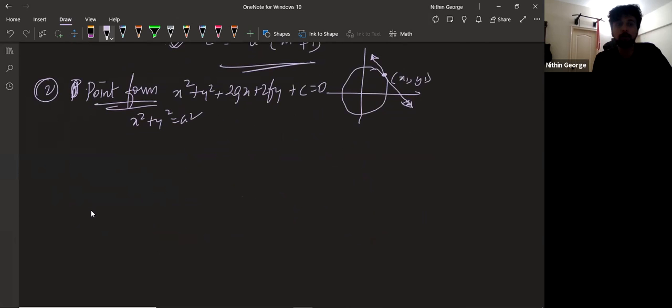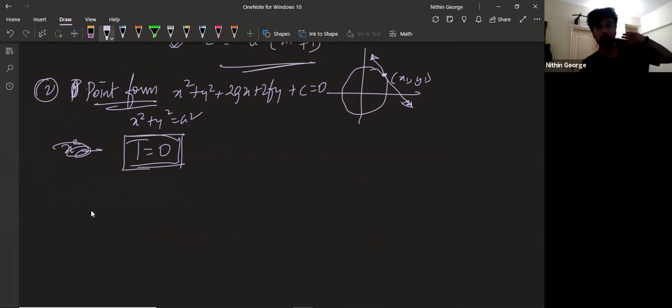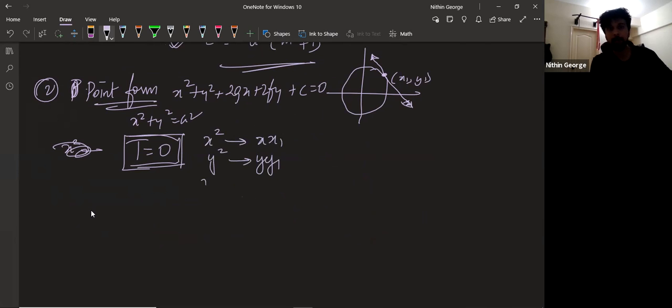So there, what you do is you write the equation as T equal to 0. Now, what do I mean by T equal to 0? I'm writing it as T equal to 0 because it's the same for all the conics. I replace x square with xx1. I replace y square with yy1. I replace 2x with x plus x1. I replace 2y with y plus y1.